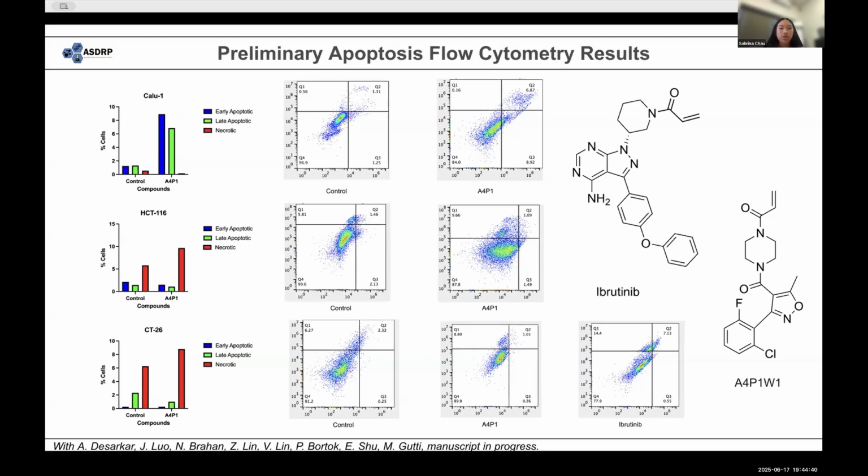The data here showed that out of our compound library, most did not induce a significant amount of apoptosis, and they were under 10%, meaning that there's not much difference compared to DMSO, which is our control.